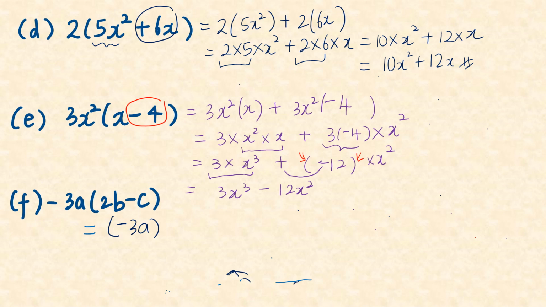Alright, multiply it with the first term, which is 2b. Then plus bracket negative 3a. Multiply it with, okay, be careful, look carefully, negative c. So negative c.